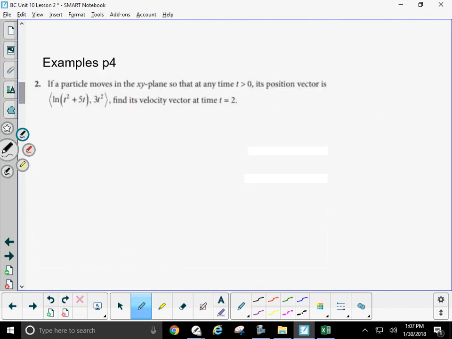Some quick examples of that. We are given a position vector. I don't like to call it a position vector. Let's erase the vector. Let's use just regular parentheses, saying this expression will give us the position of this particle. Find the velocity vector of the particle at t equals 2.